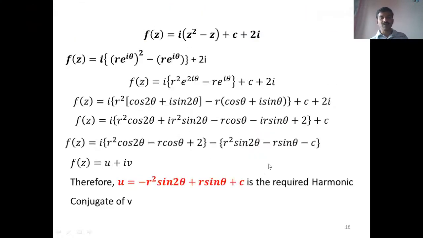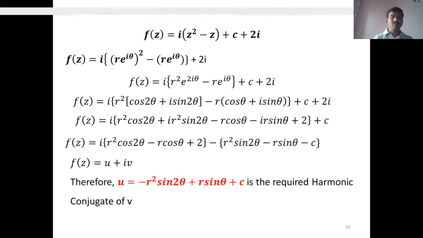Simplifying all this, we replace the complex variable by its polar form, r into e power i theta, and simplify e power 2i theta and e power i theta into cos 2 theta plus i sin 2 theta, and cos theta plus i sin theta.